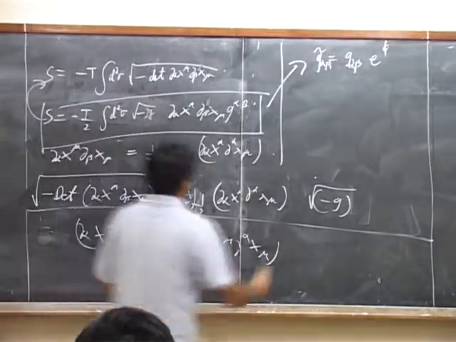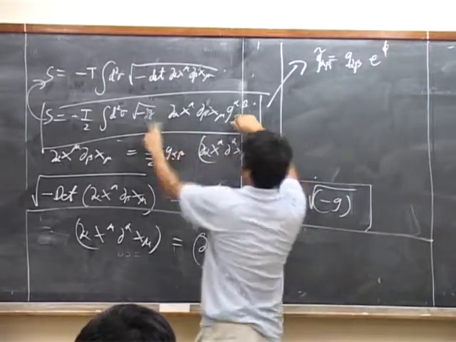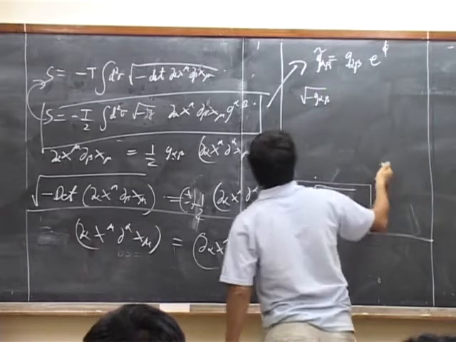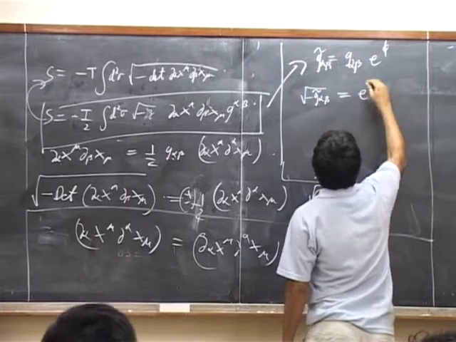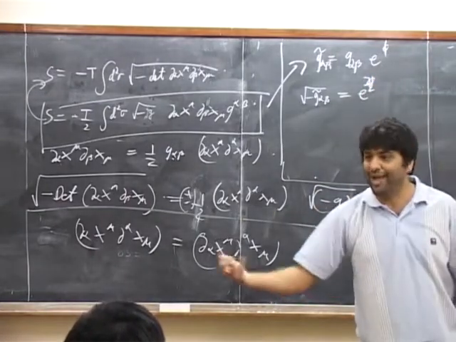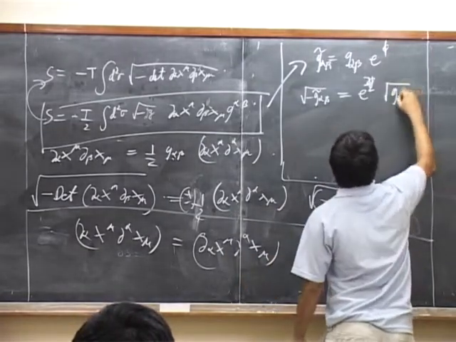Now under this transformation, what happens to all the fields that enter this action? Well, square root of minus g tilde is equal to e to the power 2 phi by 2. The 2 phi is because the determinant scales like a square, and the by 2 is because we take the square root of the determinant of g alpha beta.